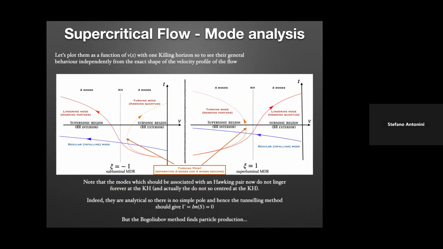You have an infalling mode, which is always regular and goes all the way in. And this is the subluminal dispersion relation, exactly what I said. Now, if you trace back the Hawking quanta, they are coming from the past, from scri minus, basically, while in the superluminal dispersion relation, they are coming from the black hole interior.